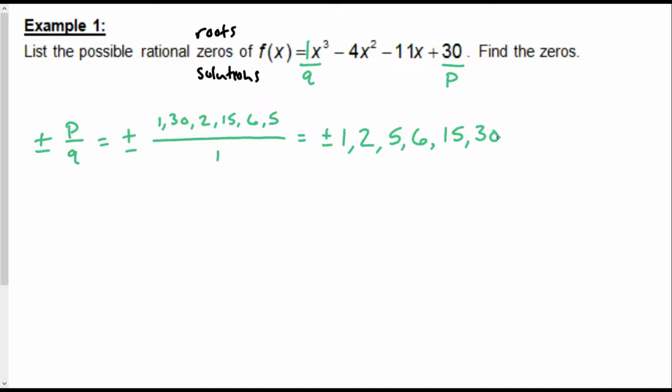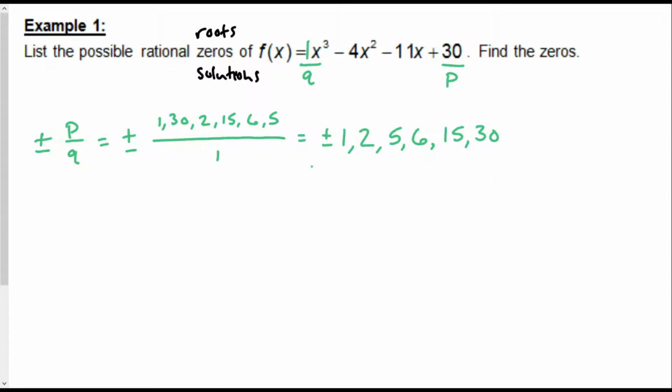Since all of those are divided by 1, basically you have a list here of plus or minus 1, plus or minus 2, plus or minus 5, plus or minus 6, plus or minus 15, plus or minus 30. I don't want you to write out positive 1, negative 1, positive 2, negative 2, positive 5, negative 5, positive 6, negative 6. You see how that would take a really long time to write out and it doesn't serve an actual mathematical purpose?